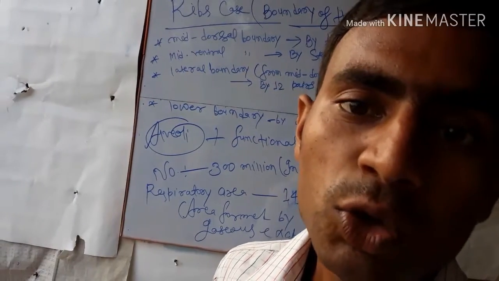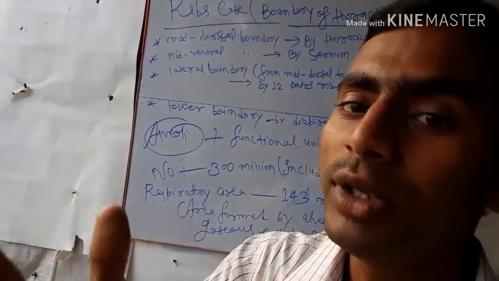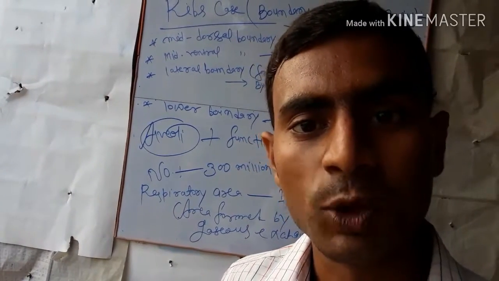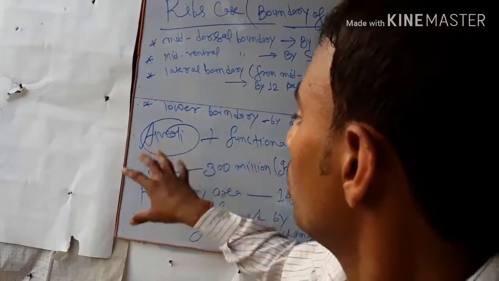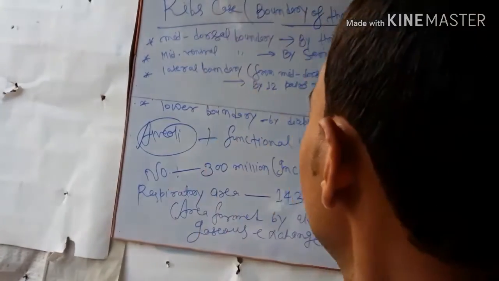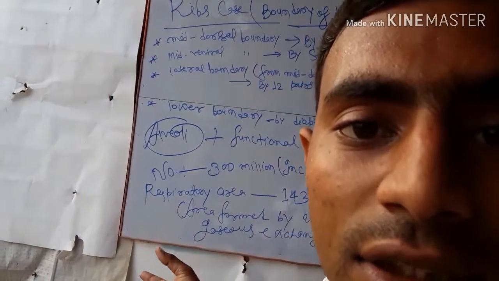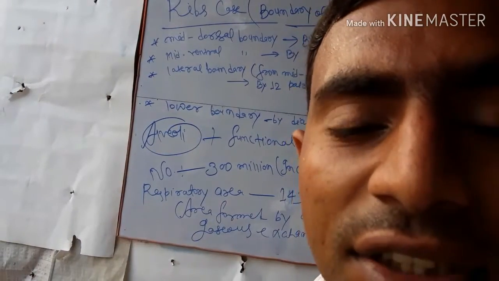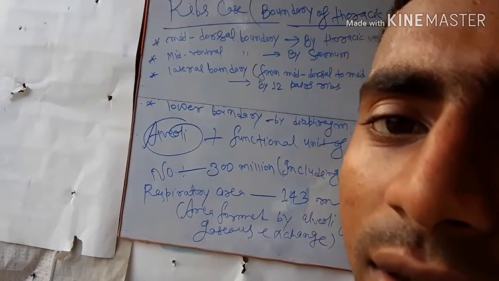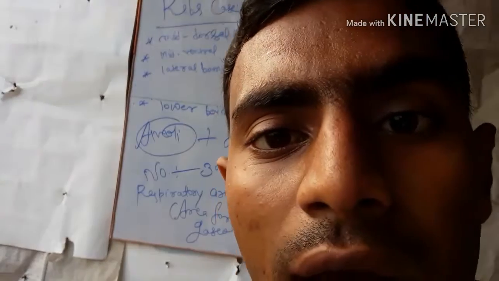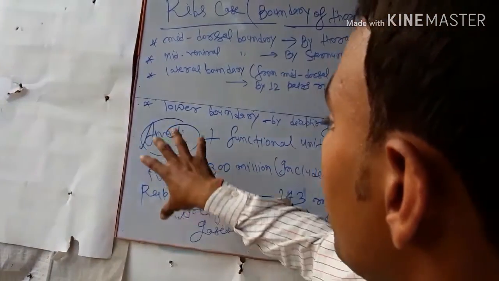To know about the lungs, you can go to the previous classes, lecture number 5. So alveoli are the functional unit of the lungs, and the number of alveoli present in the lungs is 300 million, including both lungs.